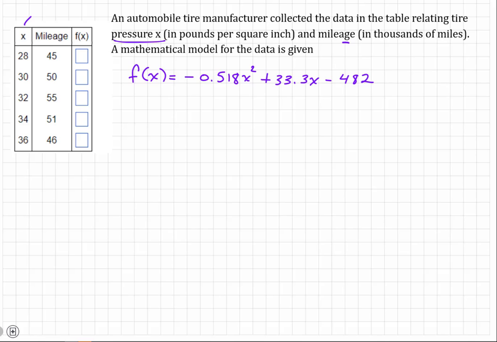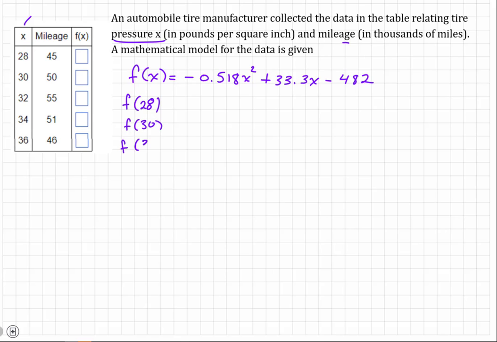And they give you this mathematical model. Now, this might be funny when you work in an algebra class and you're like, why are they giving me all this stuff to do? Really, all they're trying to do in this first part is to get you to plug in each of these values into the equation.